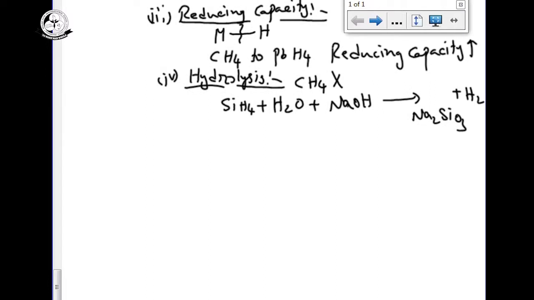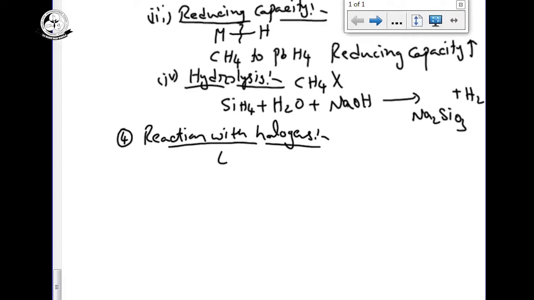This is the discussion about hydrogen. Elements react with hydrogen to form the corresponding hydrides, and in those hydrides we discussed thermal stability, bond length, bond energy, reducing capacity, hydrolysis, and boiling and melting points. Now the fourth one is reaction with halogens.